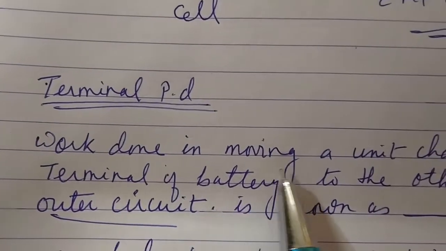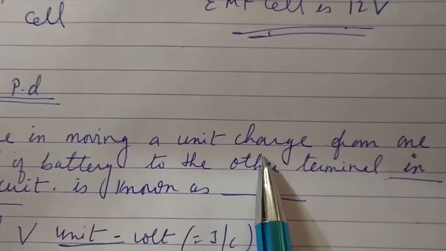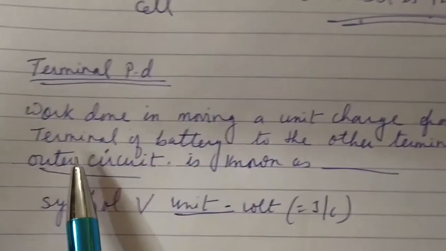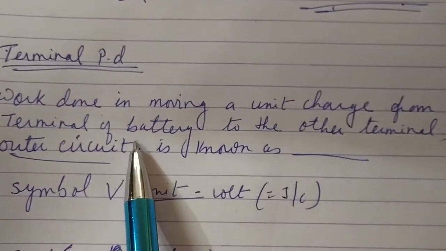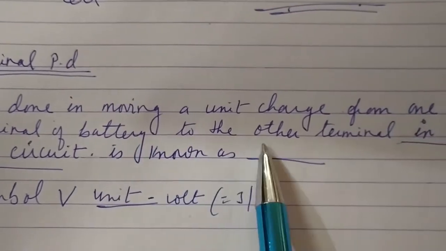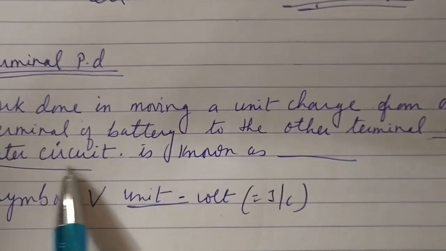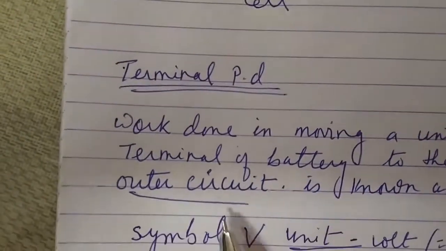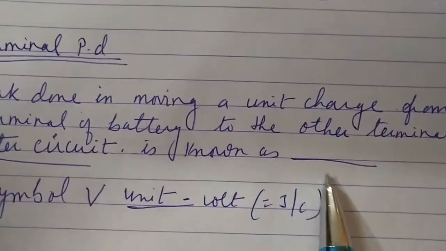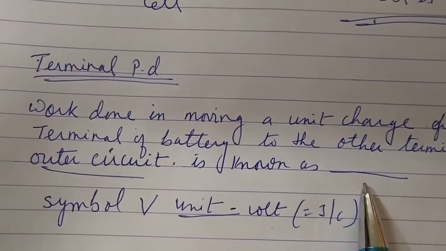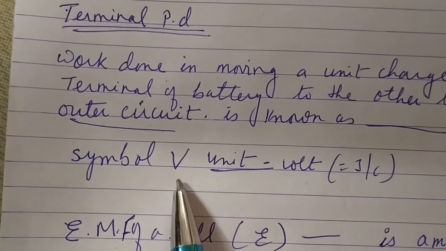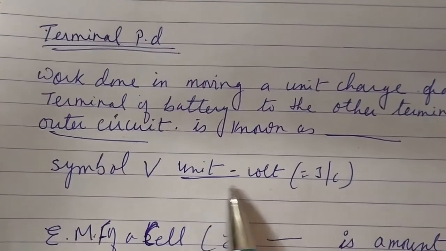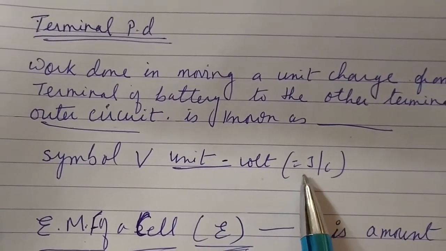Work done in moving a unit charge from one terminal of battery to the other terminal in outer circuit is known as terminal potential difference. Symbol is V, unit is volt, that is equal to joule per coulomb.